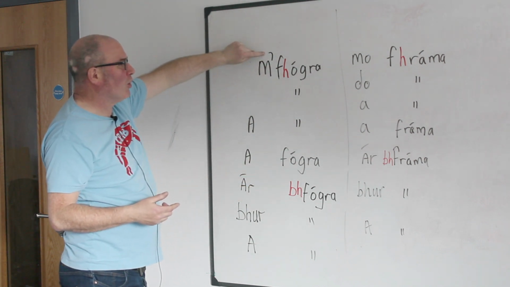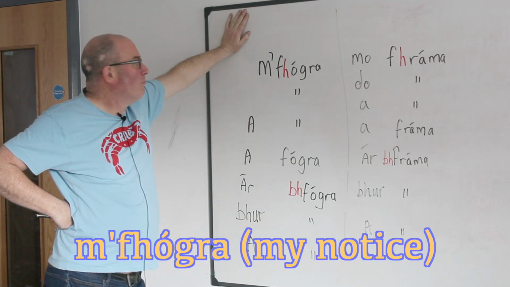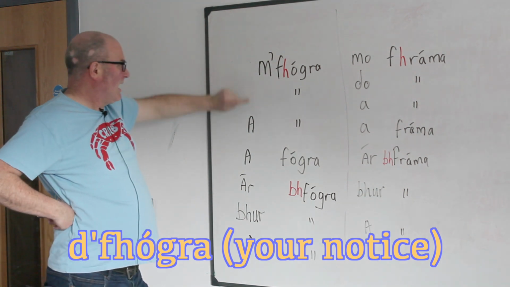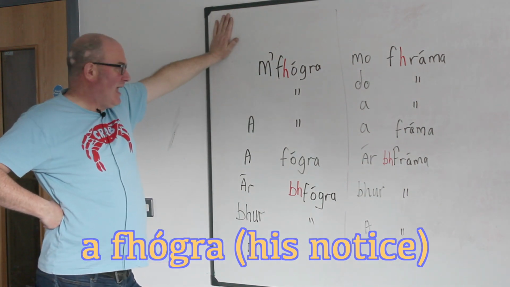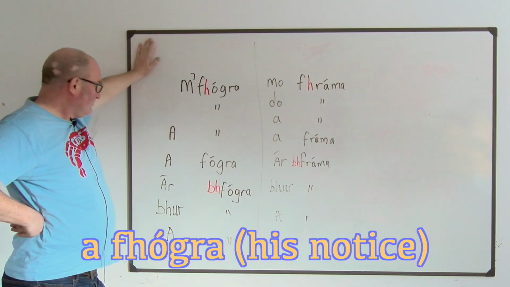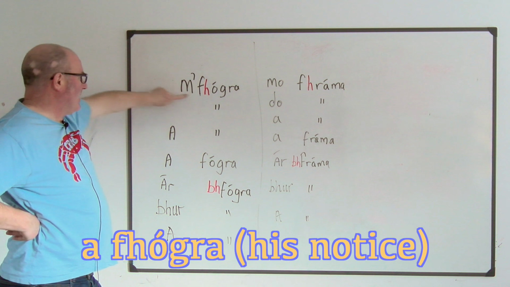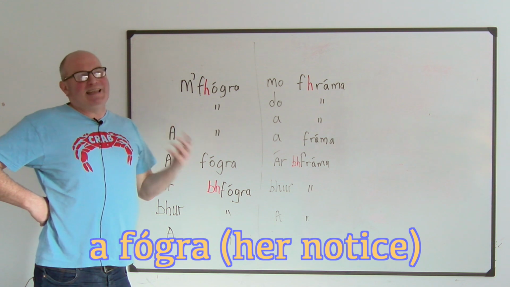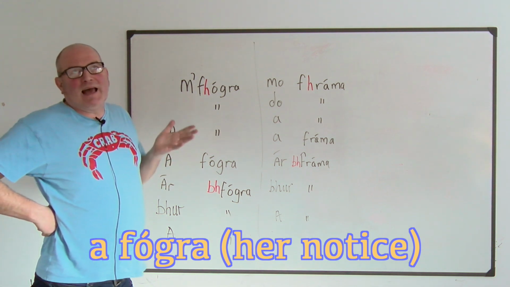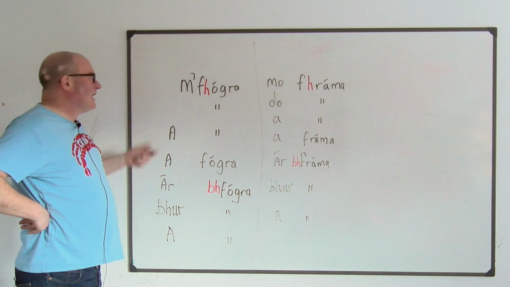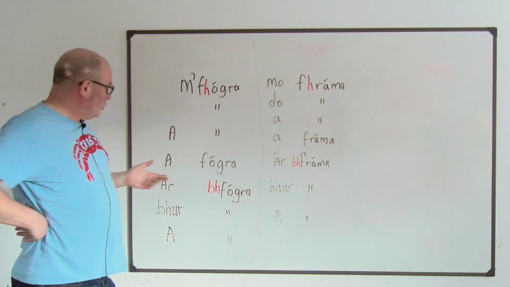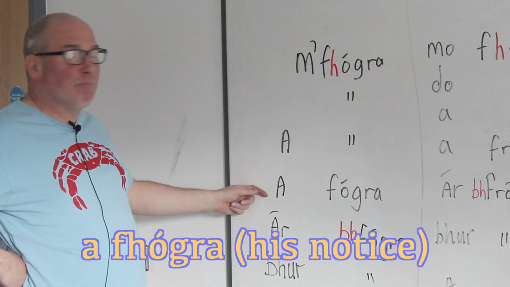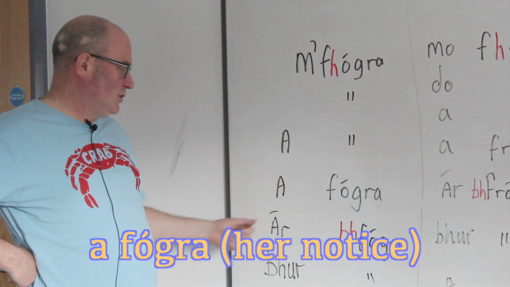So we've got this M apostrophe, which is m'fhógra, my notice. Similarly, d'fhógra, your notice. A fhógra, his notice. That his notice will take this FH. But a fógra, because it is still a consonant, even though it reacts slightly like a vowel, it's still a consonant. So we're still following the original rules that were used for consonants. So a fhógra, his notice, but a fógra, her notice.